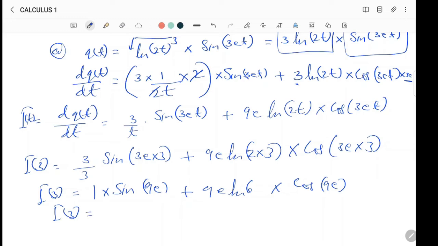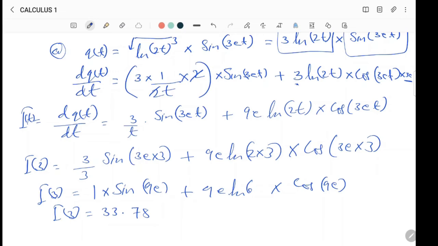Now we will use the calculator. So sine 9e plus 9e times ln 6 times cos 9e. I got 33.78.